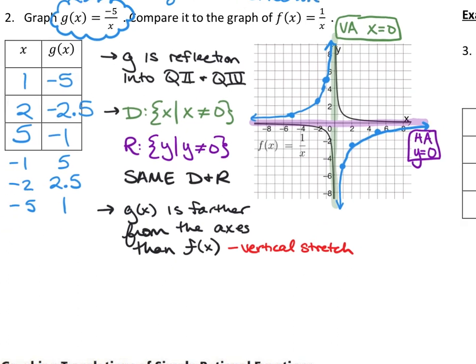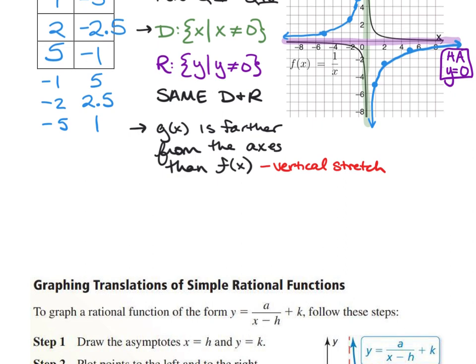So one of the conclusions we can draw after seeing these two examples is the following. If we have a positive graph, like we did on the front, the two quadrants that the graph is going to be in are going to be quadrants 1 and quadrant 3.